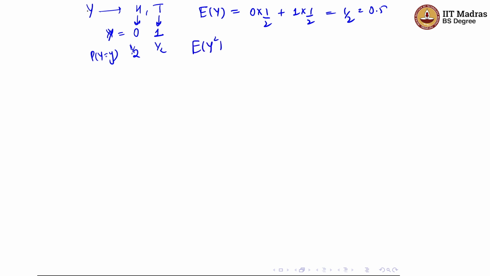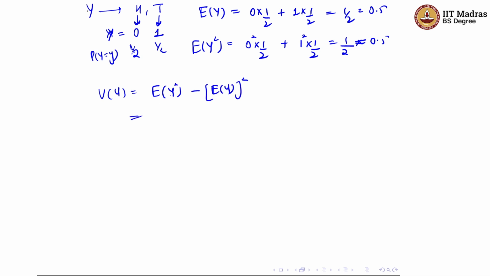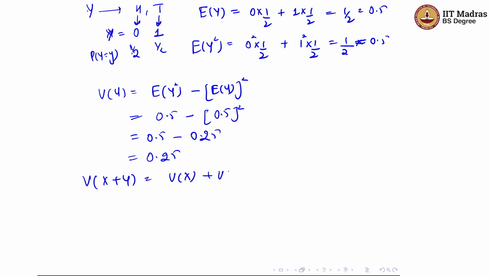Now the expectation of Y squared will be 0 squared into 1 by 2 plus 1 squared into 1 by 2, which equals 1 by 2, which is 0.5. So the variance of Y will be the expectation of Y squared minus the expectation of Y whole squared, so 0.5 minus 0.5 squared, which is 0.5 minus 0.25, which equals 0.25.